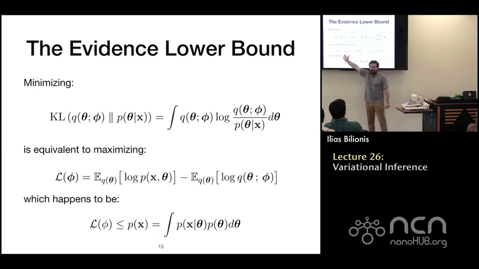But if you maximize the ELBO and you get, let's say, 100, it's definitely lower than your evidence. So your evidence is more than 100. So if you maximize the ELBO for 2 different problems, you can compare the maxima you find and do model selection. Okay, that's why we work with the ELBO.